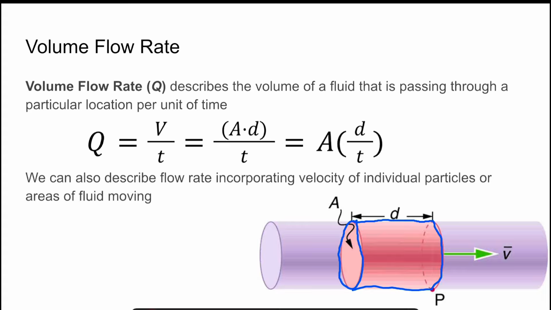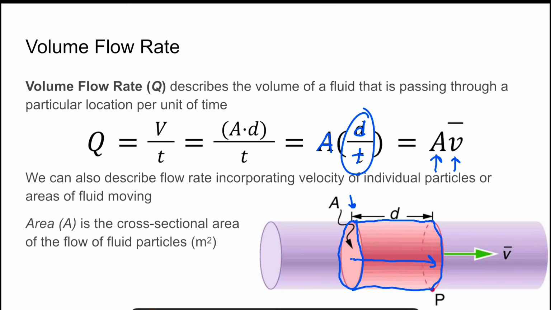So if we pull out that A, we can take our area and multiply that times distance over time, the distance that any individual particle will move while that volume of fluid moves by that point that we're judging everything by. And of course, distance over time, we know is velocity. So we can get our average velocity of our particles moving through this flow tube times the area, and that should be equal to our volume over time or our volume flow rate.